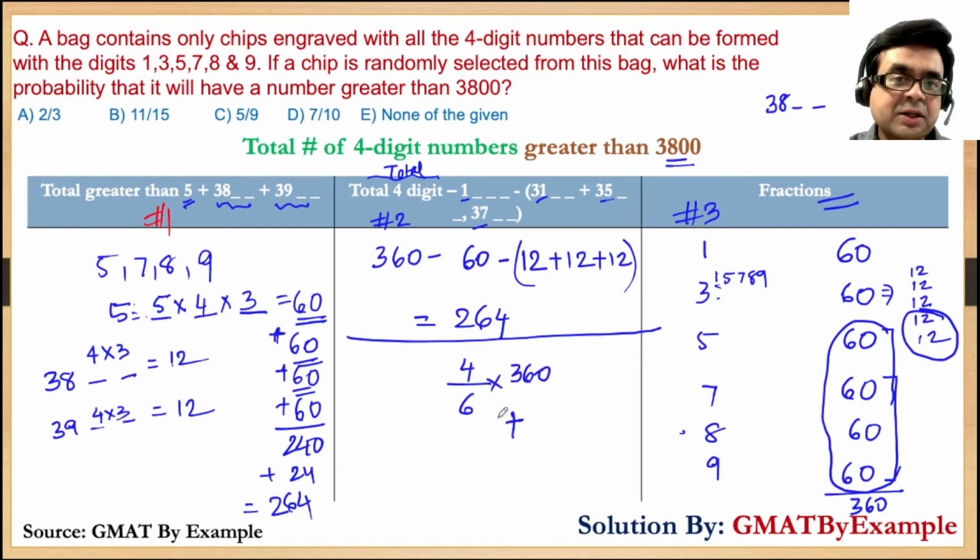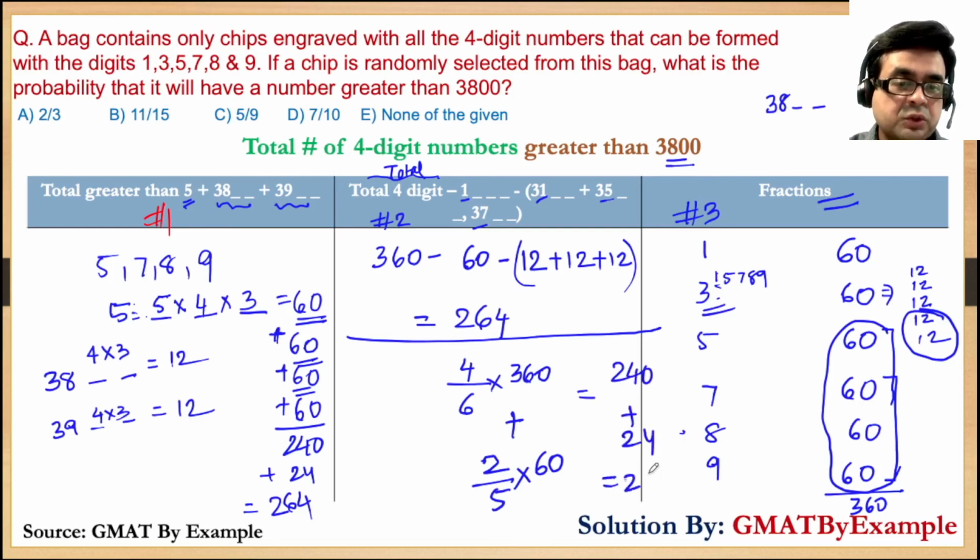And I'll add the number of ways of getting 3800 and over by saying that numbers greater than 3800 would be represented by either the numbers starting with 38 or 39, which is 2 out of the 5 possibilities of getting 60 ways from starting with 3, which gives me 240 plus 24 equals 264.